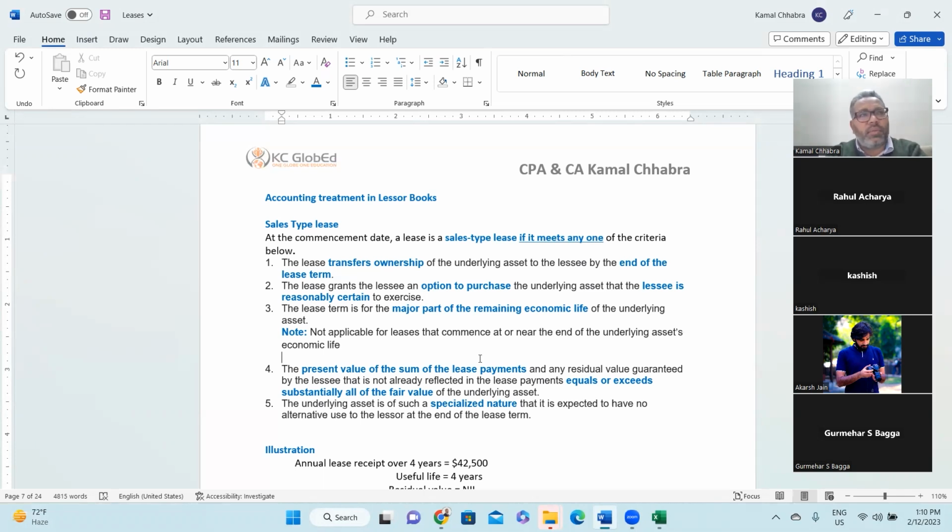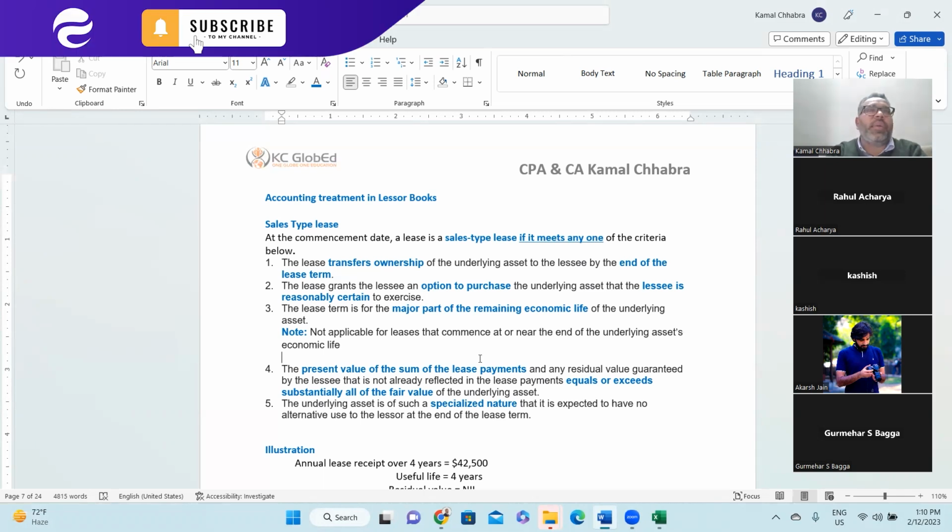Or maybe any specific platform made for a specific company's designing or dimension, or for example any turnkey project made for a specific company, right? Let's say a water treatment plant made for a particular company which has been given on lease. That water treatment plant you cannot move from one place to another place to any other user, right?